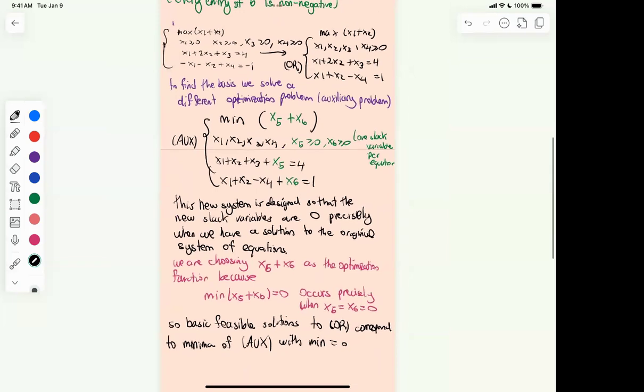I think now I can zoom out, maybe. It does take some time to get used to this. Here's how you should think about it. If for some miraculous reason you already had a solution to the original system of equations, then automatically these two have to be zero, because these two already match without the need for x6.